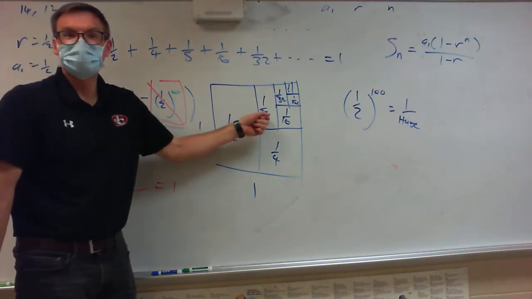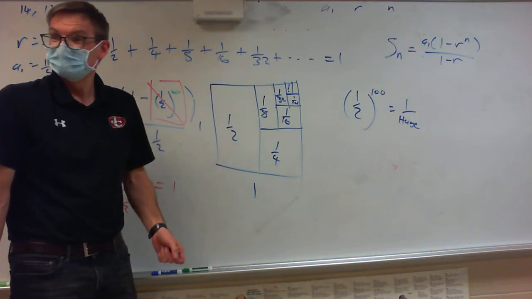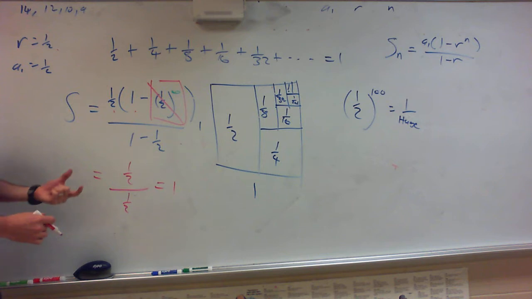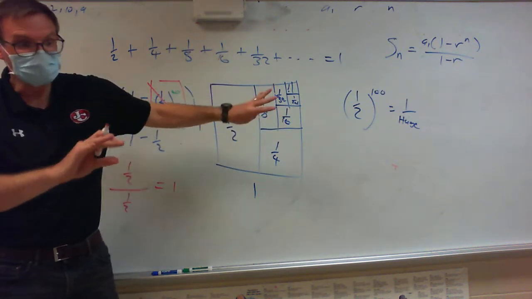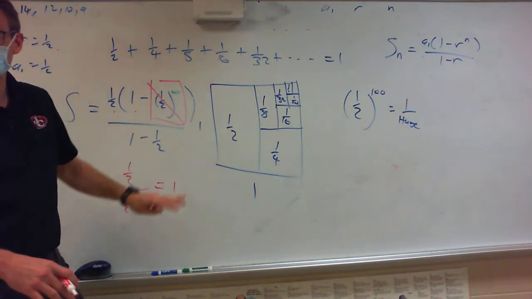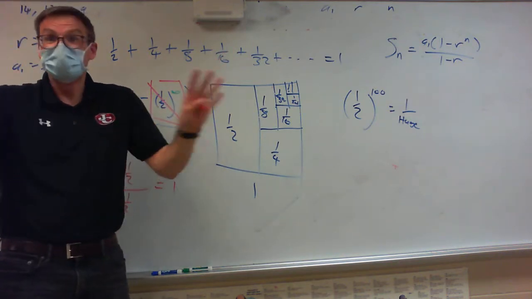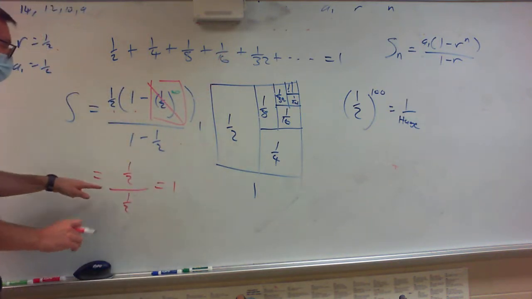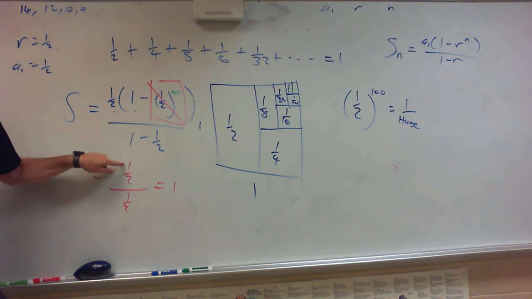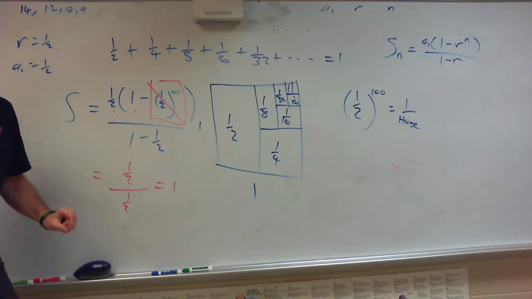Oh, good. That's what we found out over here, wasn't it? So mathematically, here I did it with a picture, and this is the only one I can do with a picture. When I start doing the other infinite geometric series, what the picture looks like, I don't know, right? But for this one, mathematically, you see how we ended up with 1.